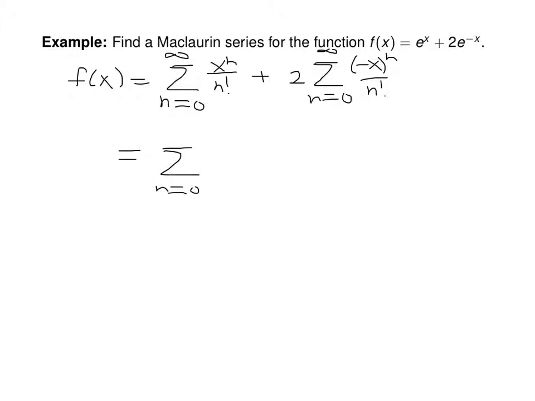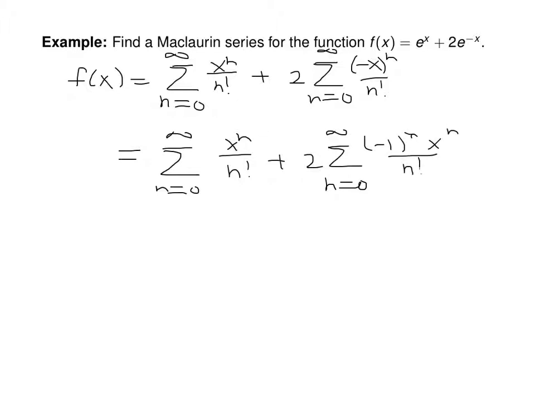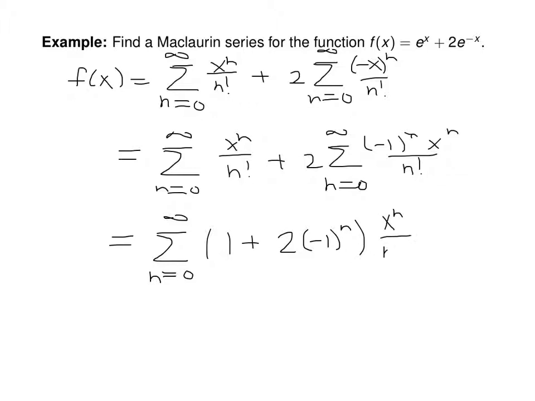Taking out the negative 1, we'll have negative 1 to the n x to the n over n factorial, which can be expressed as one sum. So from the first term we'll have 1, and from the second term we'll have 2 times negative 1 to the power of n, all multiplied by x to the n over n factorial.